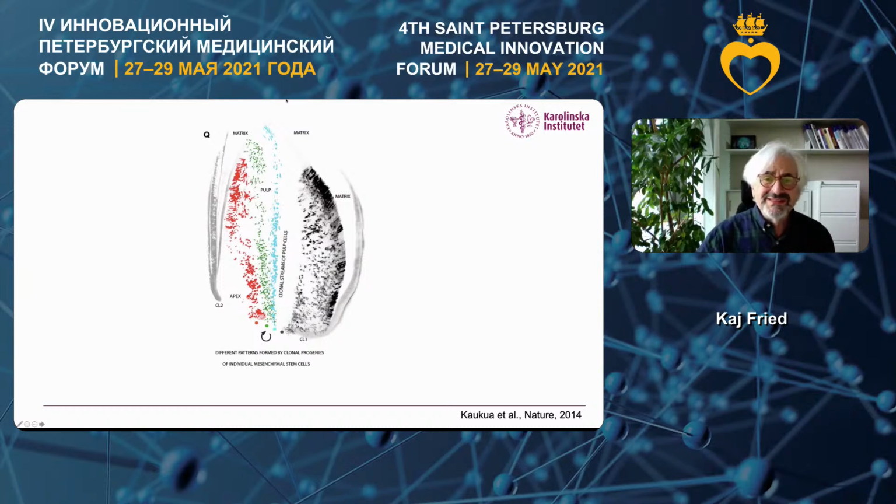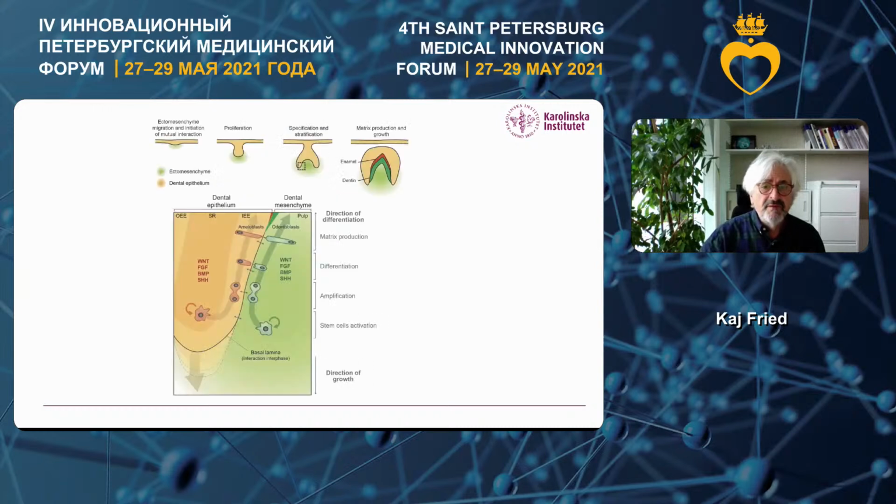So along this axis here, it's important where the cells actually are found or placed. So, of course, a lot of questions are being raised when you look at a picture like this.